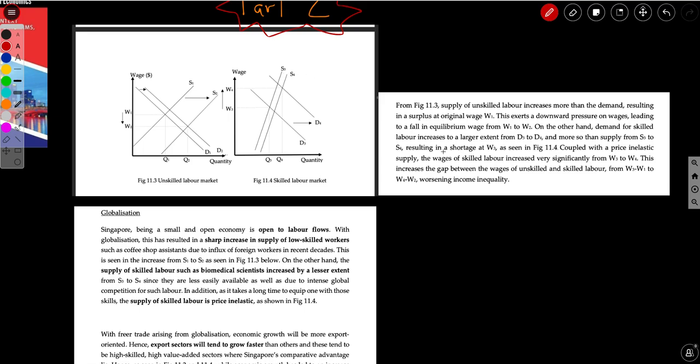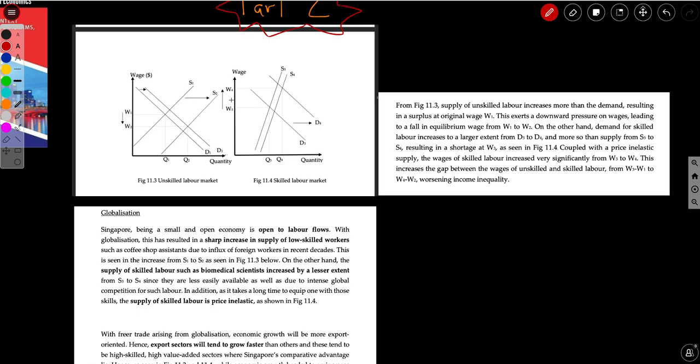So what's going to happen is you have a shortage at W3, as you can see, and coupled with a price inelastic supply, so here's where the PES less than 1 comes in, the wages of the skilled labor are going to increase very significantly from W3 to W4. So if you see the W3 to W4, it looks like a larger increase than the fall here from W1 to W2.